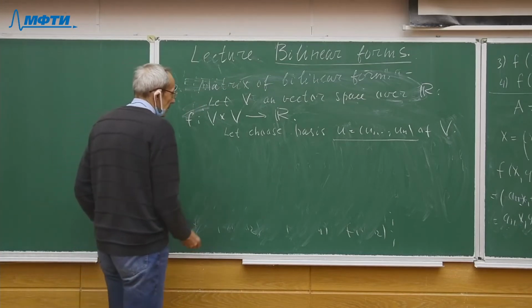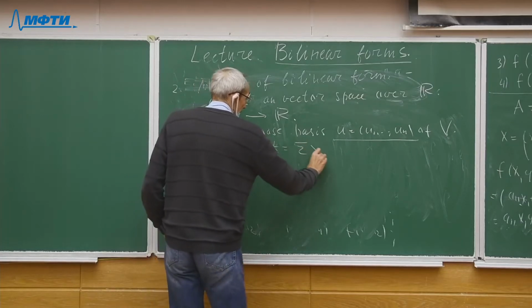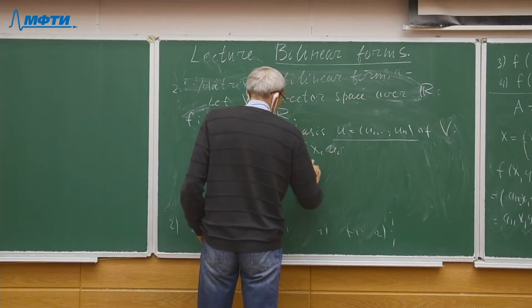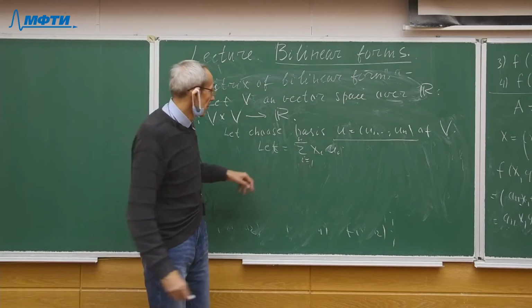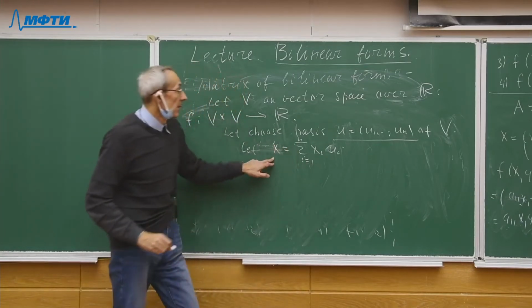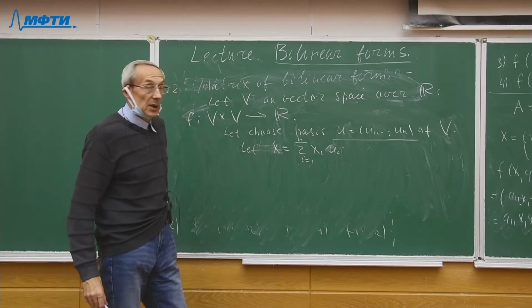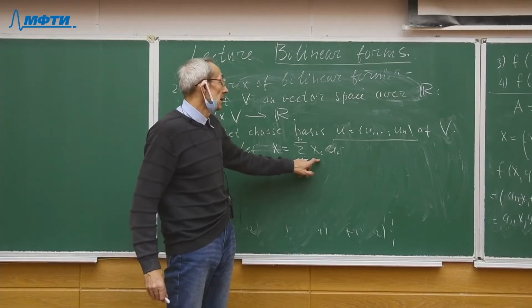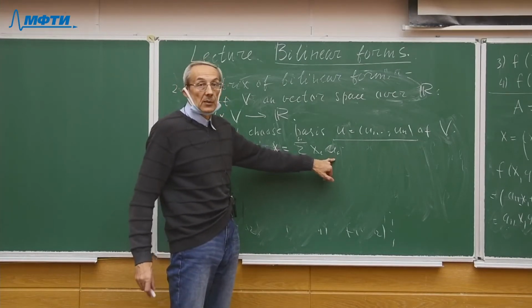And let x be the decomposition of the vector x in terms of the basis vectors u_i. The x_i are the coordinates of the vector x in the basis u.